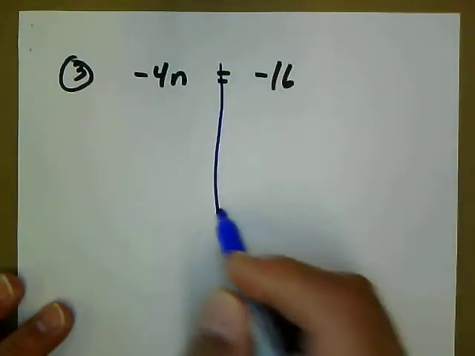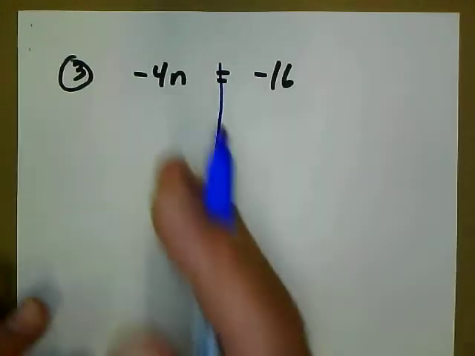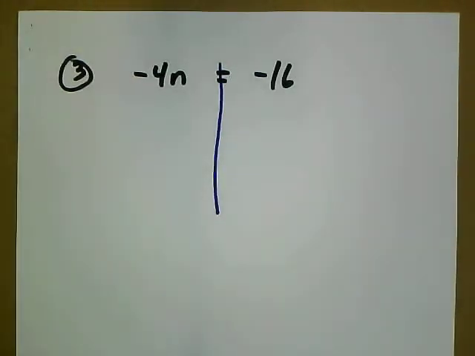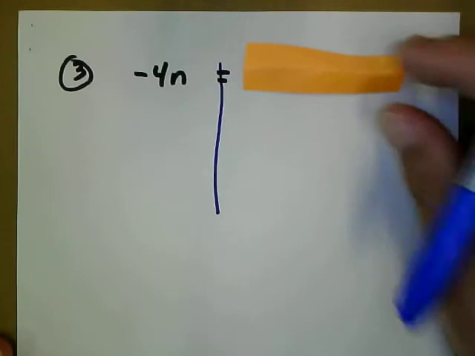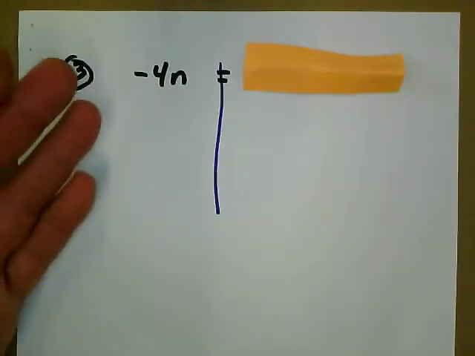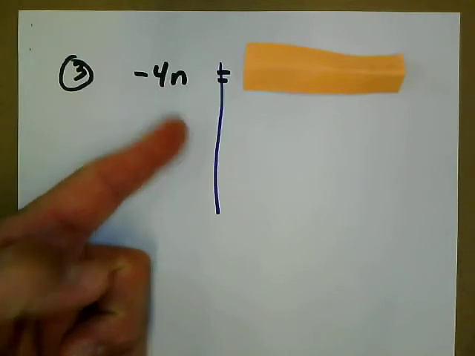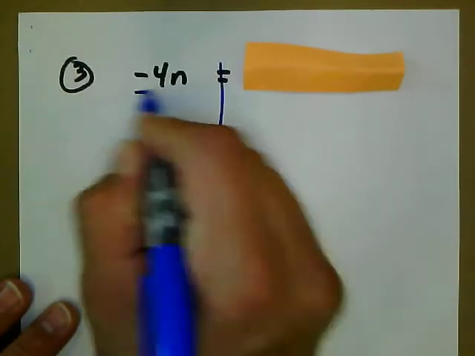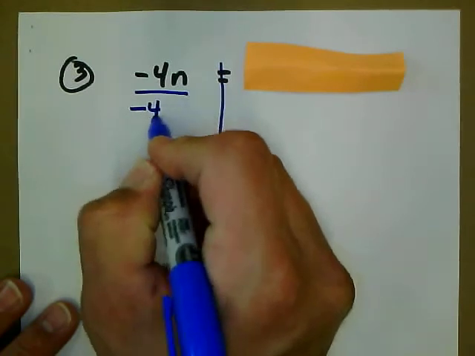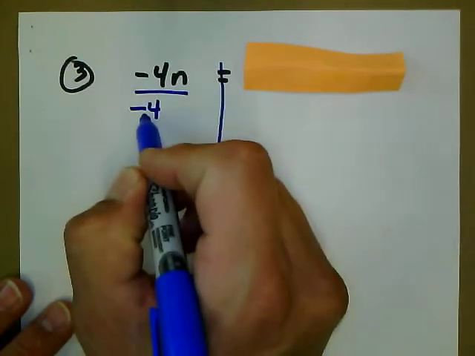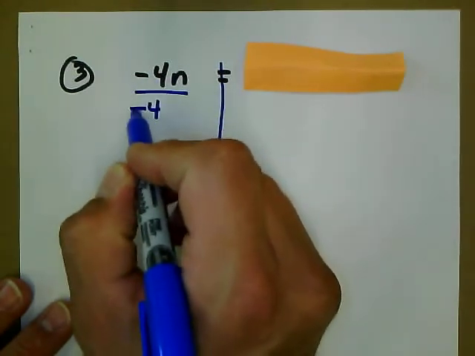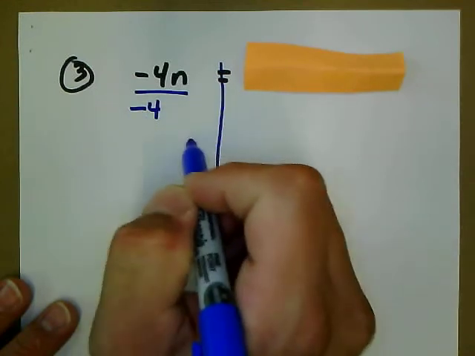All right, let's look at number 3. Once again, we're going to draw that line. We're going to separate our problem from one side to the other. We're going to look on the side that has the variable. Now, this time it happens to be the left side. The variable is here. This is -4 times n. The opposite of times is divide, so we put the line for division, and we divide by the exact number. So don't switch the sign. Don't put +4 down here. We don't want -n.